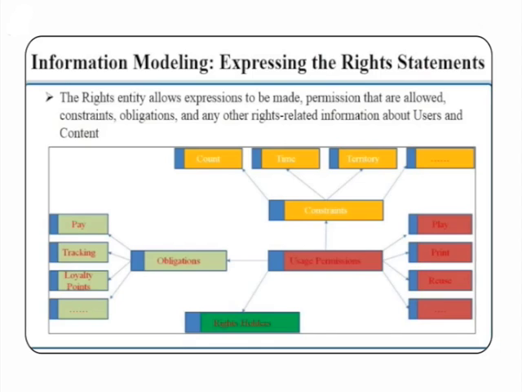As shown in the schematic, a right expression should consist of the permissions, i.e. the usage permissions, what you are allowed to do; the constraints, that are restrictions on the permissions; obligations, what you have to do or provide or accept; and the right holders, who is entitled to what.